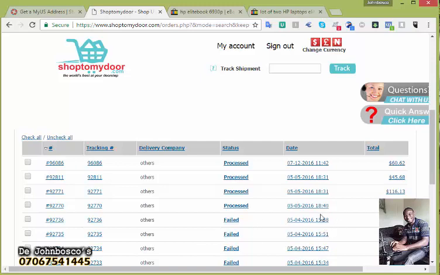So what I did was I contacted them, I told them to divide this invoice for me into two halves. So I paid $416 at night. The next day, when the clock had reset in the bank, I paid for the second one.